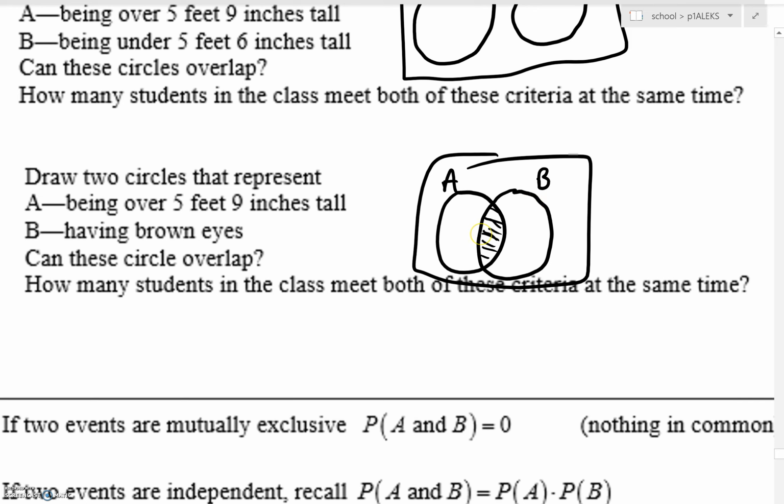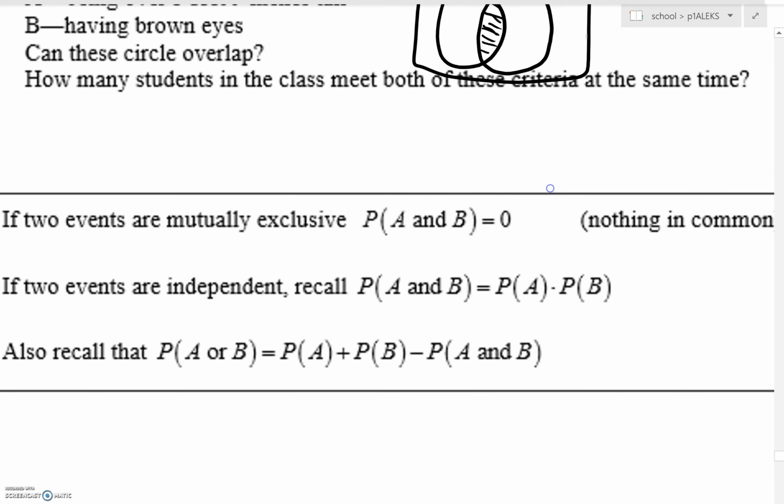Circle B might be inside of circle A in its entirety, in fact. So this would not be mutually exclusive. Well, what are we getting at? Mutually exclusive, it's kind of like that first example. Nothing is in common. You can't meet both conditions. The probability of being in A and B at the same time would be 0.